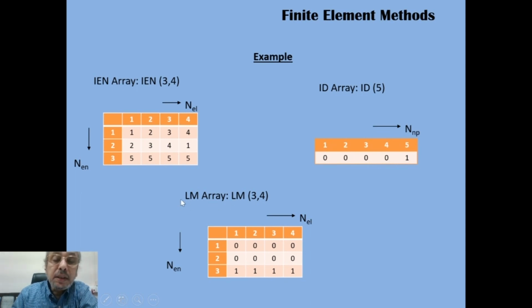And this is basically the element node number, whether we need an equation for that particular node number for a given element or not. Here, first element, first node, we don't need an equation. Second element, first node.